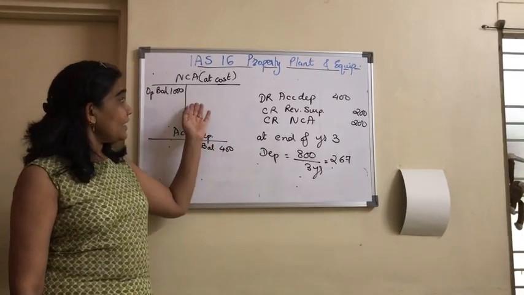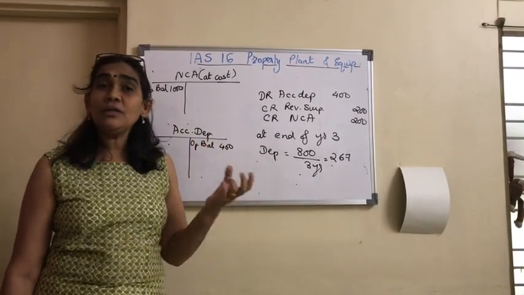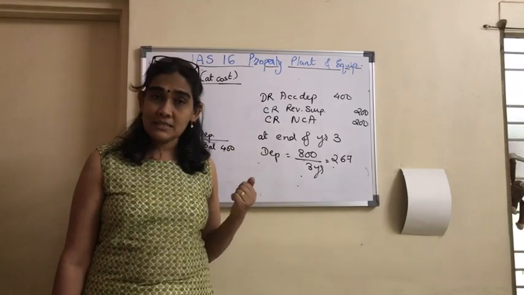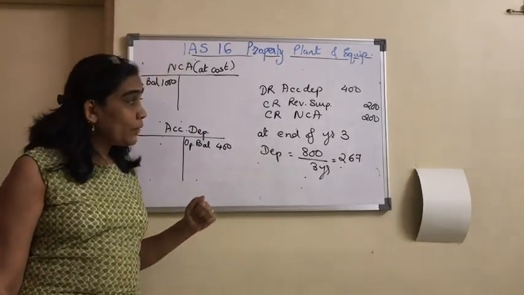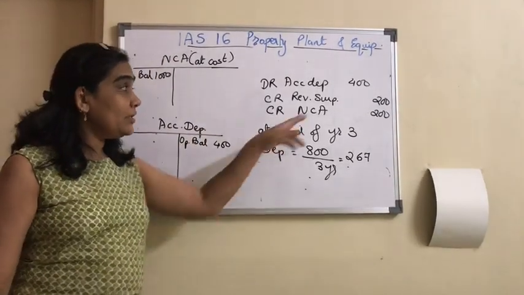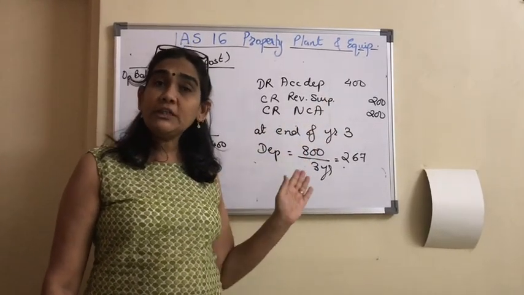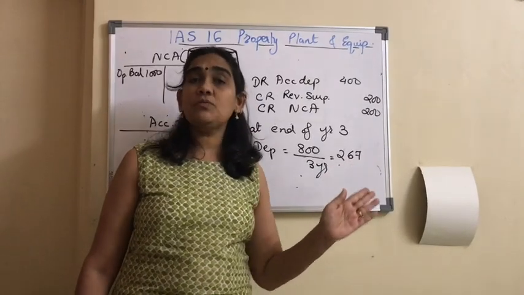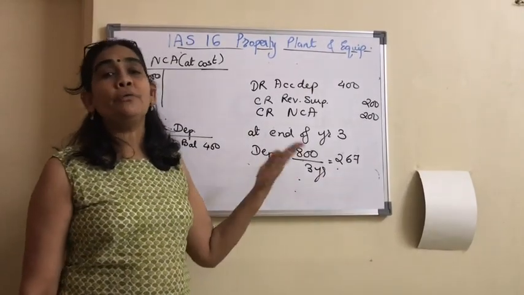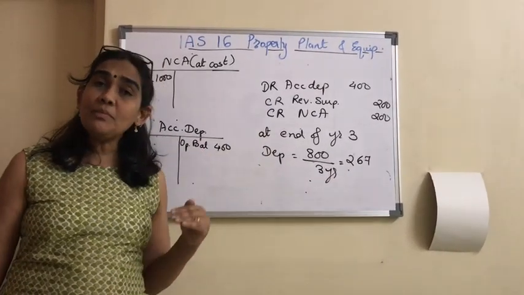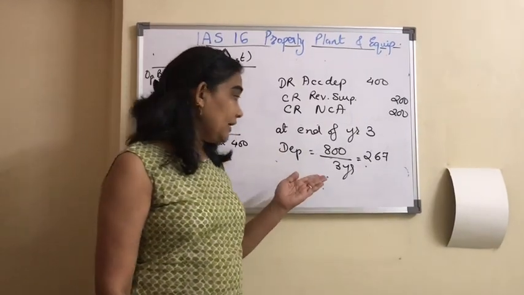Now, if you look at the revaluation surplus of 200, which is a gain for us, right? But as long as we are using the asset, the actual gain cannot be realized. But what we can do is, we can transfer this revaluation surplus part by part over the remaining useful life of the asset to retained earnings. So how much amount can we transfer to retained earnings?